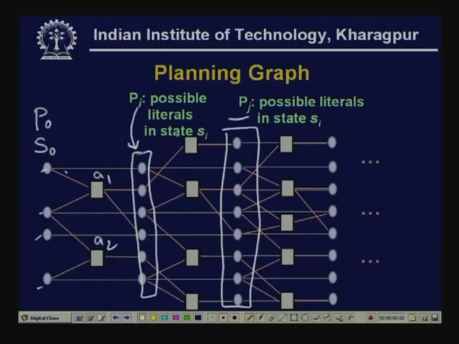And these gray edges that we have, they are the maintenance actions or the no-op actions. So, this proposition continues to hold at the next state if the action does not add or delete it. So, this is an example of a planning graph.